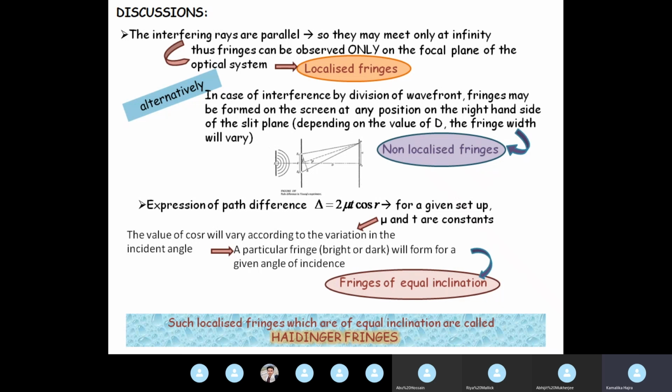We must remember that such localized fringes which are also of equal inclination are called Heidinger fringes. This is another important question. What are Heidinger fringes? Heidinger fringes are localized fringes which are formed due to the equal inclination of the incident ray.